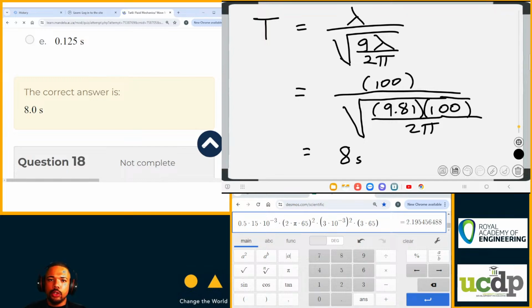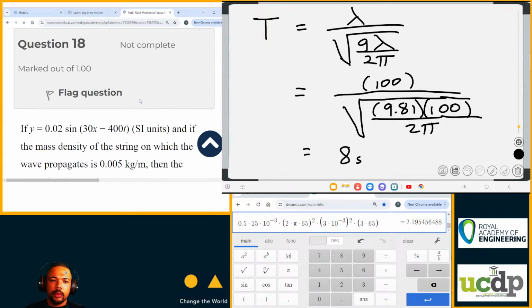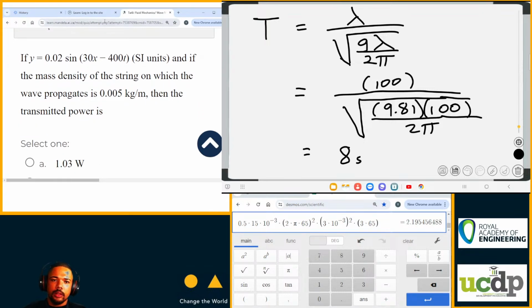Now let's move to question number 18. This is a fun part.